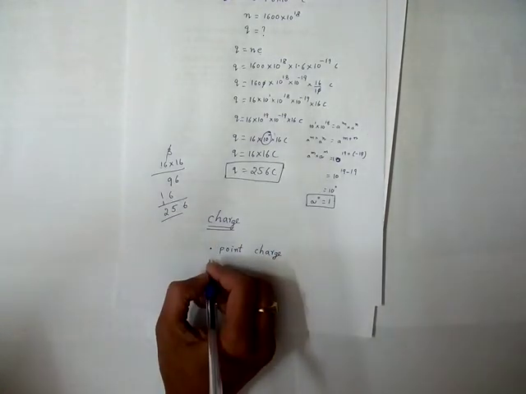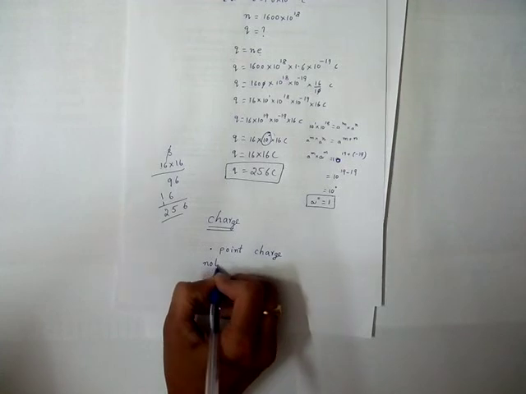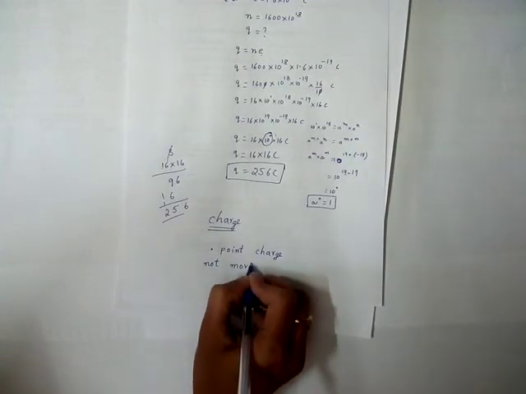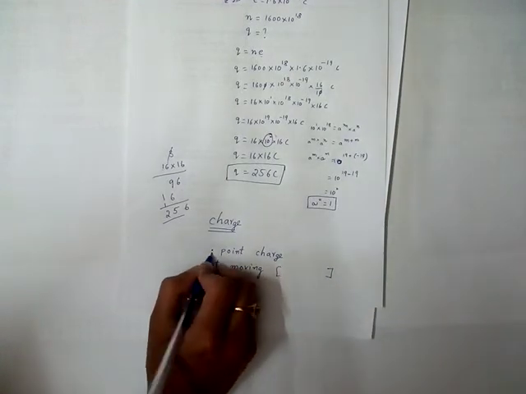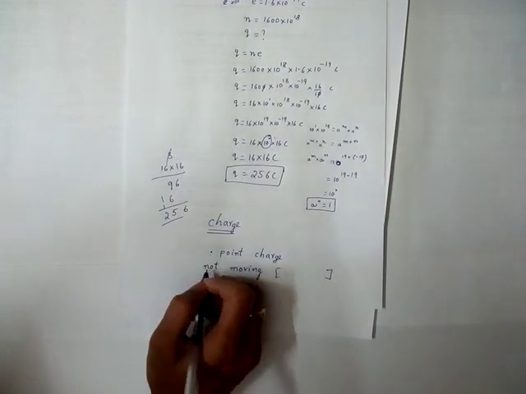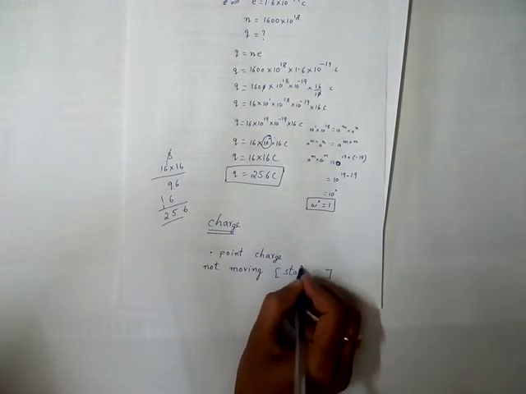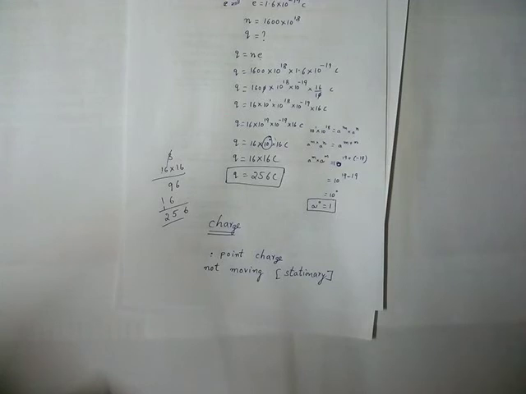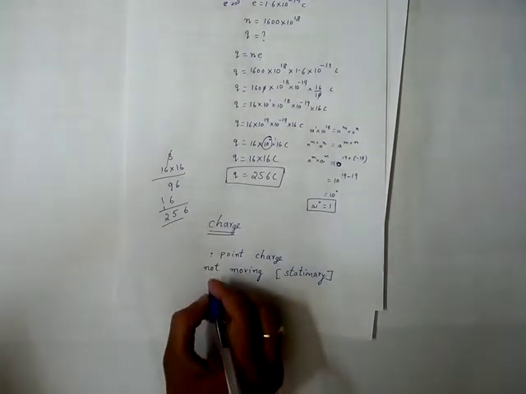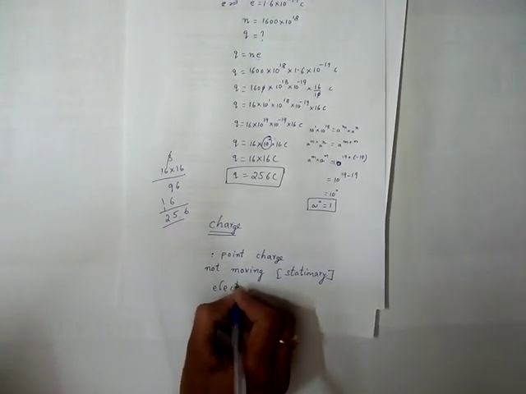Now, if this charge is at rest, meaning not moving, then we call it stationary, or rest also you can take. Any term can be used, stationary or rest, that means it is not moving. A point charge which is stationary will produce an electric field around it.